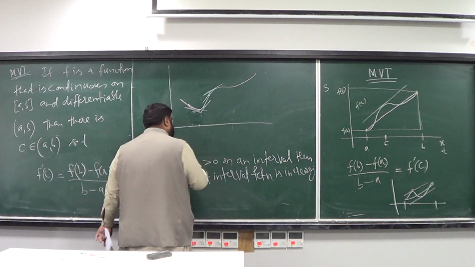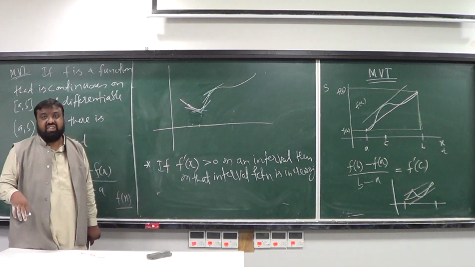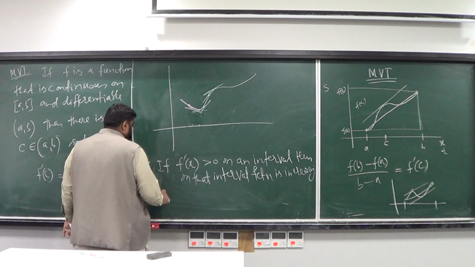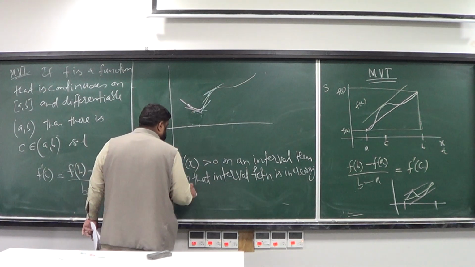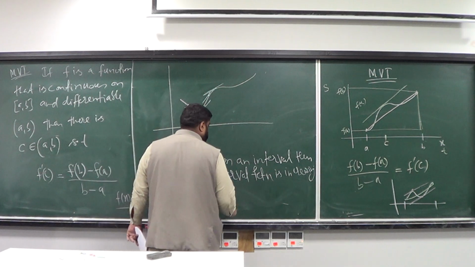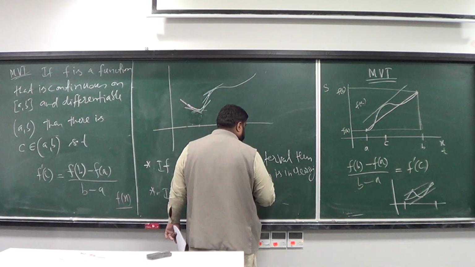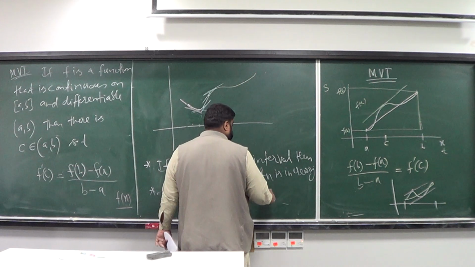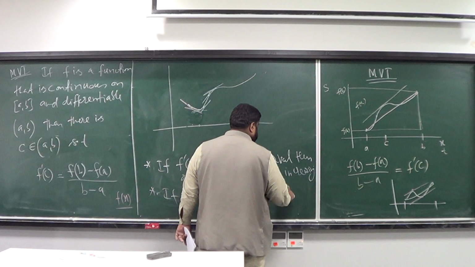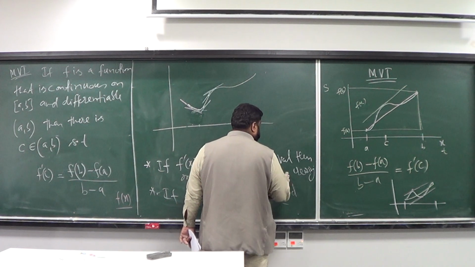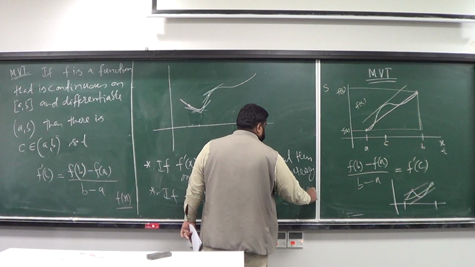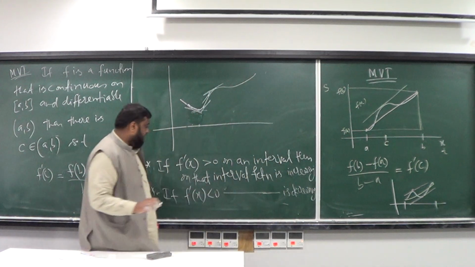So the positiveness of the derivative tells you that the function is increasing on the given interval. And if f prime of x is negative on the given interval, then the function is decreasing.